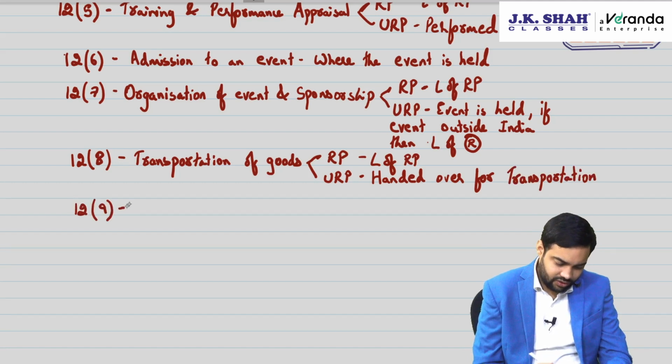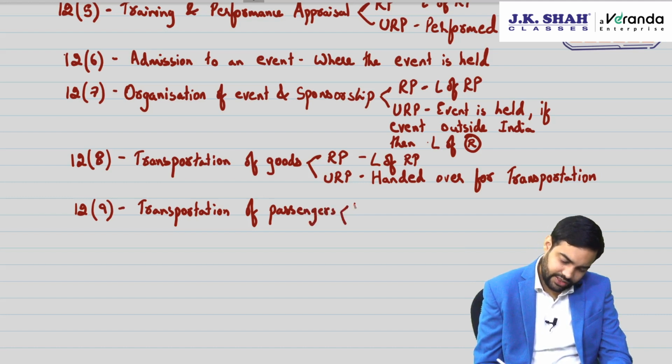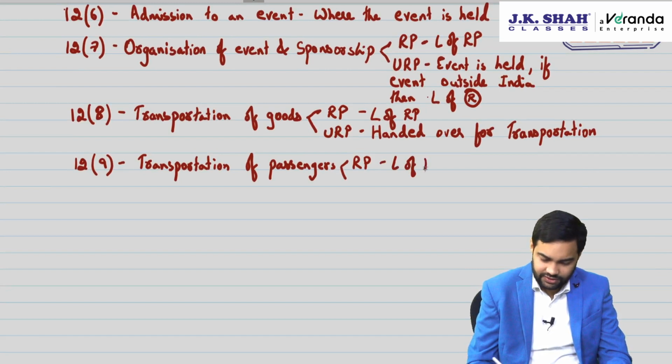12.9 talks about transportation of passengers. Is transportation of passengers an important service? Obviously, yes. So, transportation of passengers, if it is provided to a registered person, then the place of supply will be location of registered person.